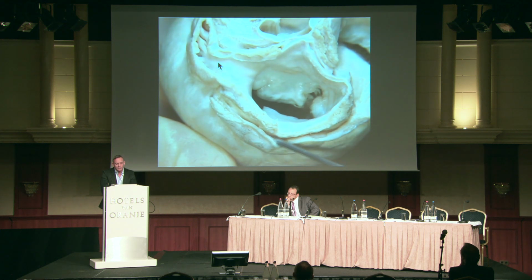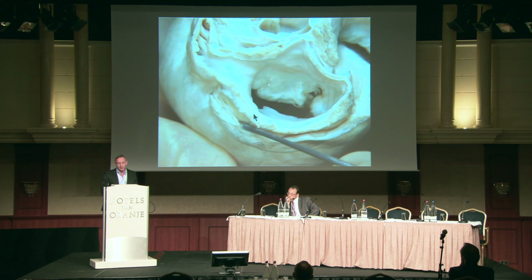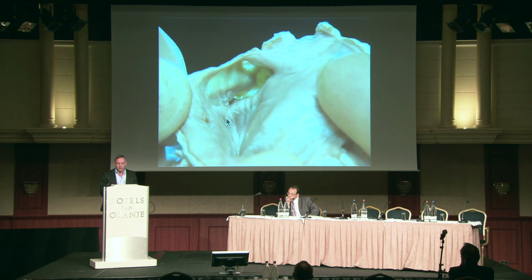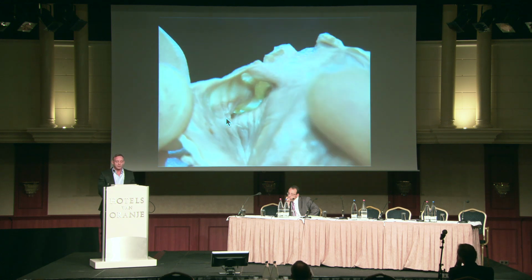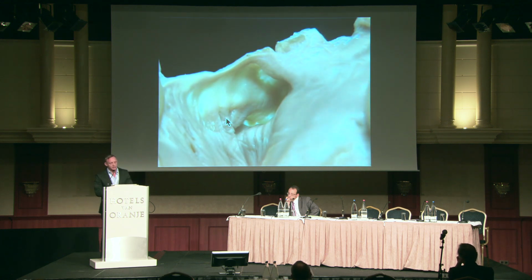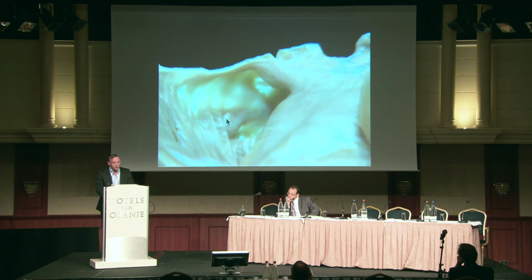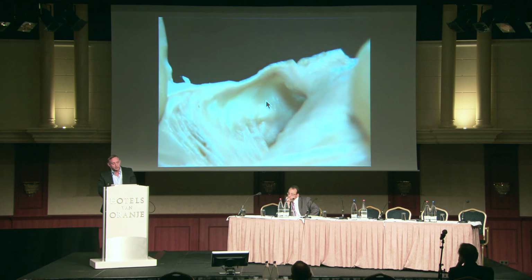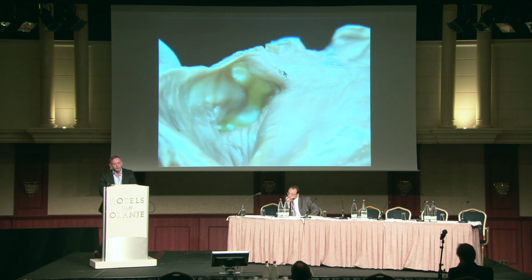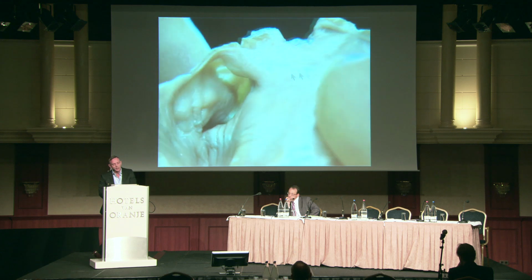Here you can see the smooth left atrial wall, more inferiorly, and we're looking at the coronary sinus there from beneath. If we transilluminate the left atrial appendage, you can see how thin the wall can be in between those pectinate muscle bands. So we're looking now at the os of the left atrial appendage.